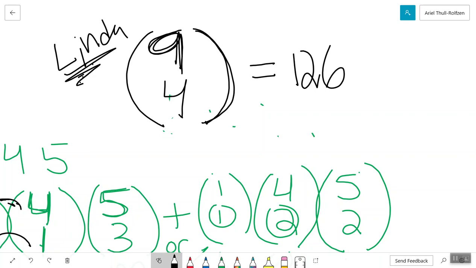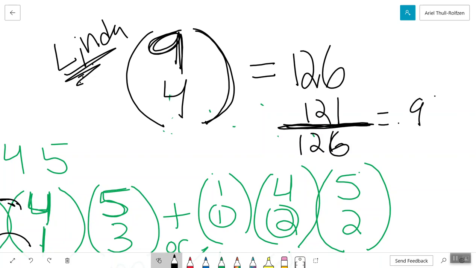So in the end, we've got 121 ways to pull at least 2 females for a committee, and that's with Linda chosen already, out of 126 total ways. And if we convert this to a decimal, we get 0.960317. And that is how to do the combinations.